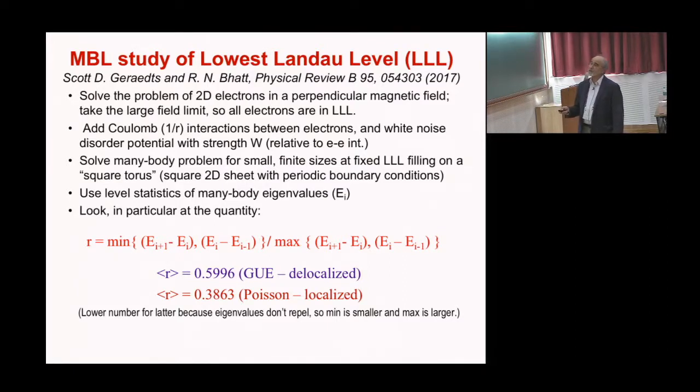And this number for the Gaussian unitary ensemble is close to 0.6, and for the Poisson, it's 0.386. And it's easy to understand why this number is smaller for the latter, because eigenvalues don't repel in the case of Poisson, whereas in the Gaussian unitary ensemble, their eigenvalues repel because they talk to each other, being delocalized.